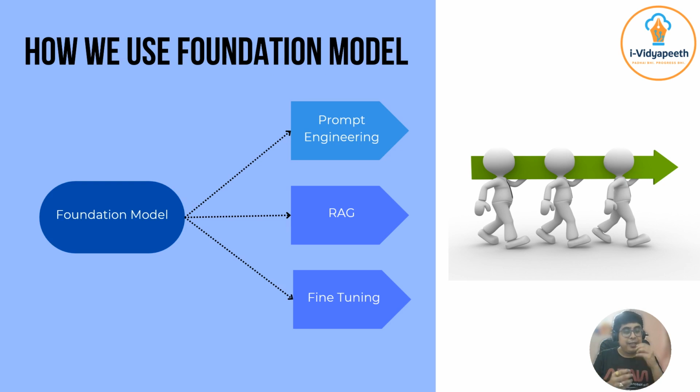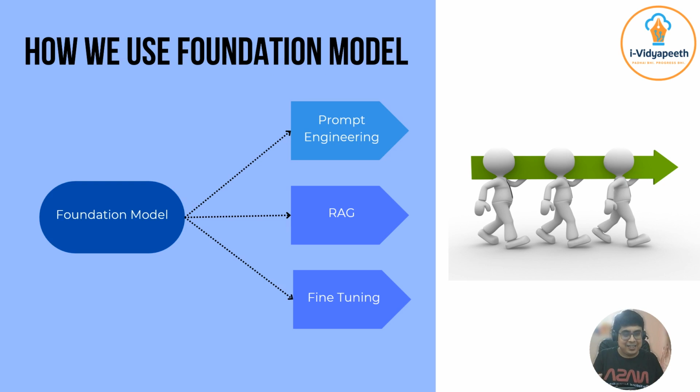That is why you need to understand what prompt engineering is, how this particular model works, and the different ways you can prompt engineer any kind of model like that. So the first way we can use the foundation model is via the prompt engineering technique.